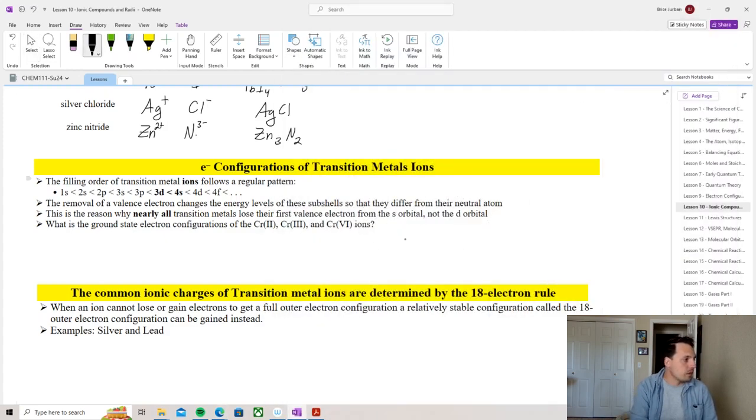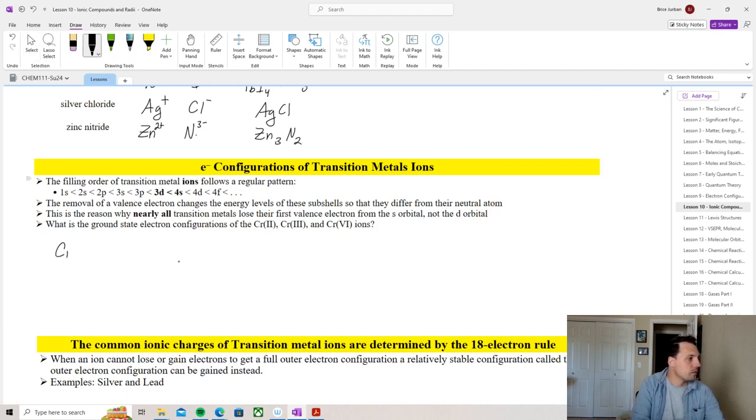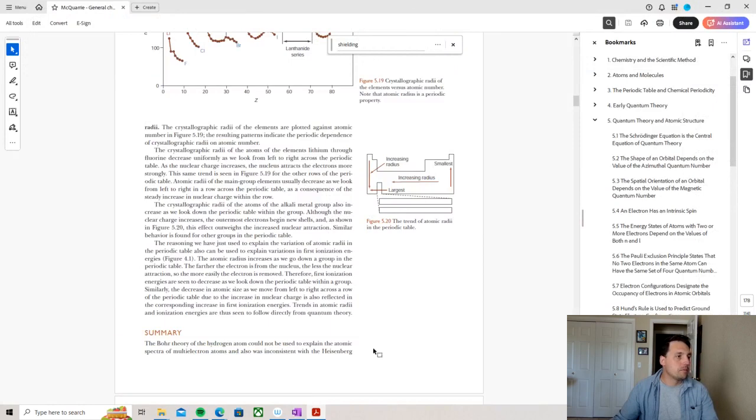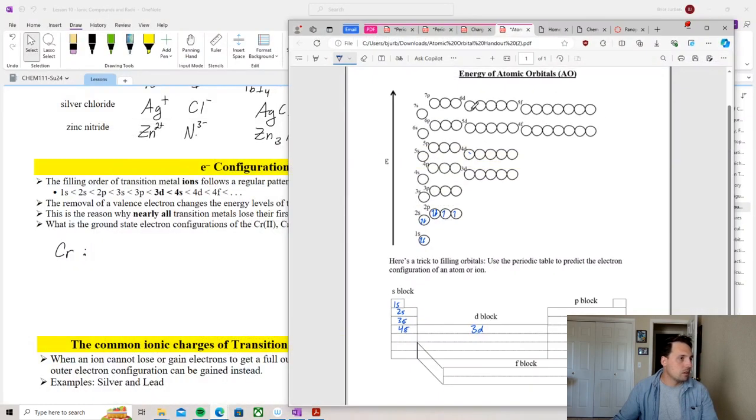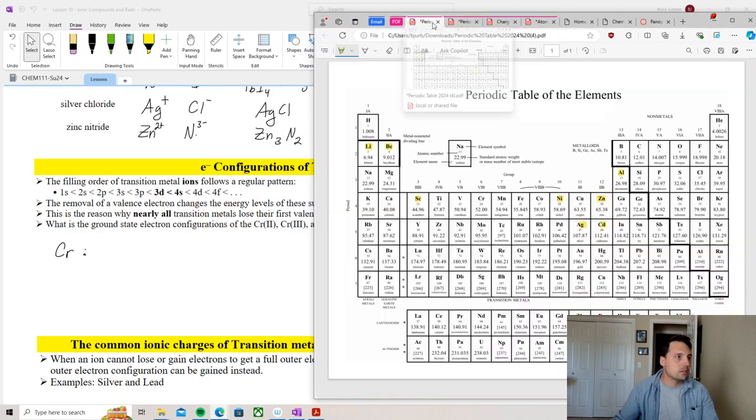So if I have a chromium 2+ ion, let's start with what the neutral chromium would look like. So chromium is here on the periodic table.